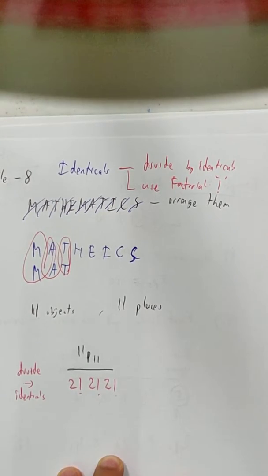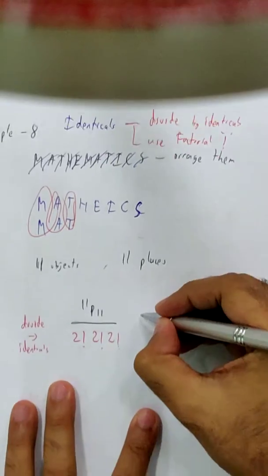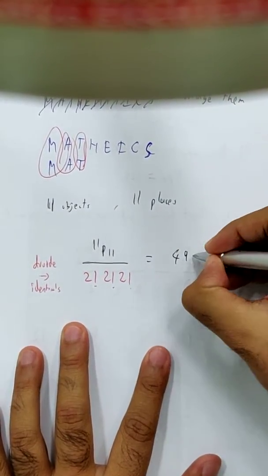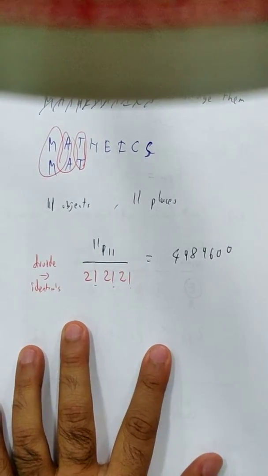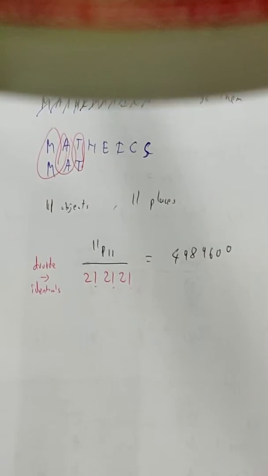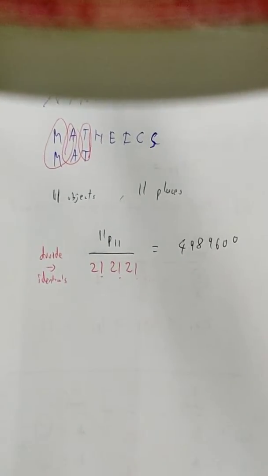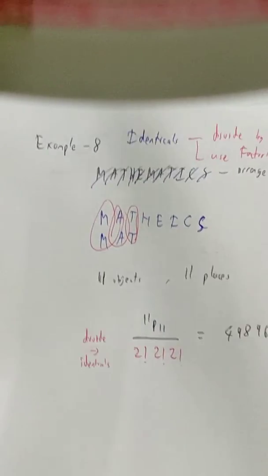And the answer is, staggeringly, 4989600. Can we move on? It does not matter that much as long as you know the way.